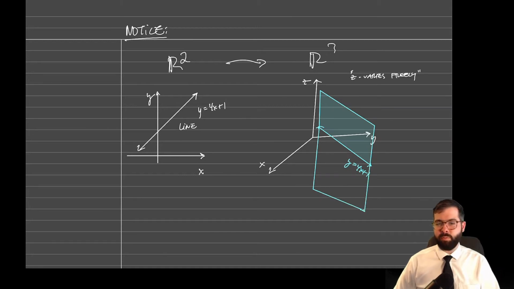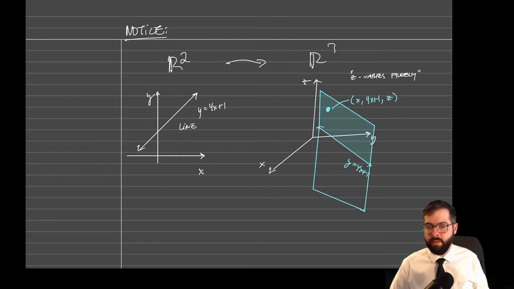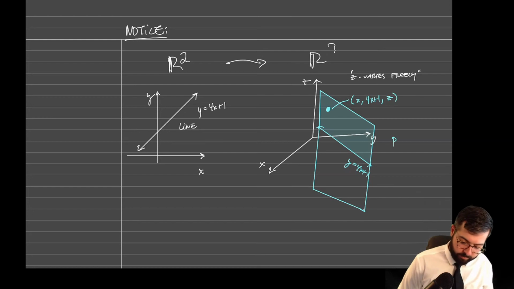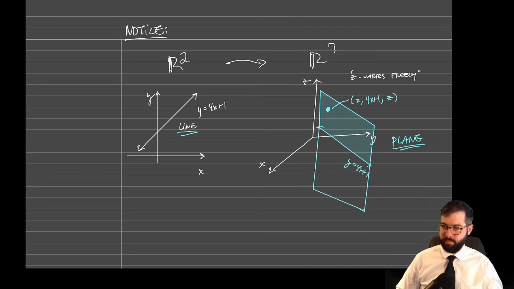So we really have this plane where all the points on here have x, 4x plus 1 for the y coordinate, and then just any z point will work. So a line generalizes to a plane.